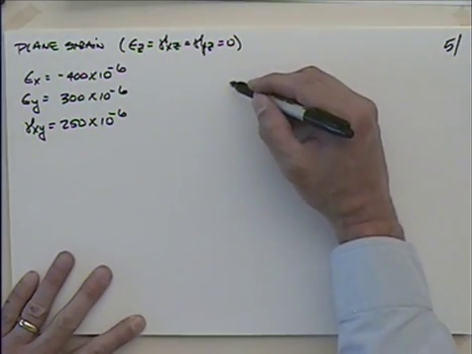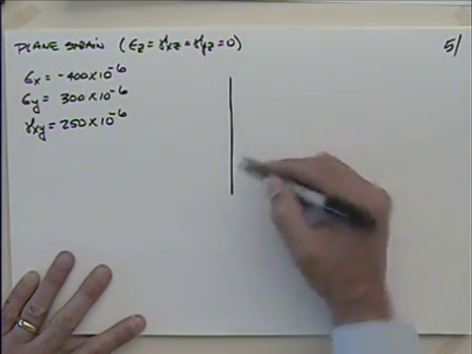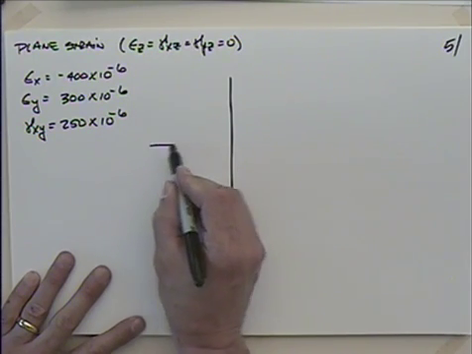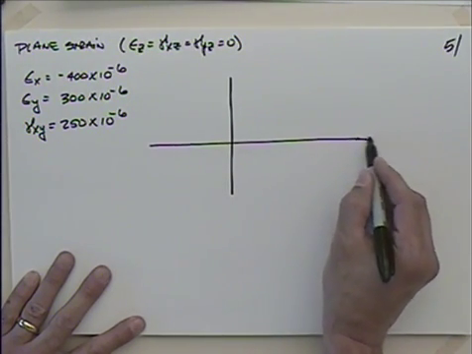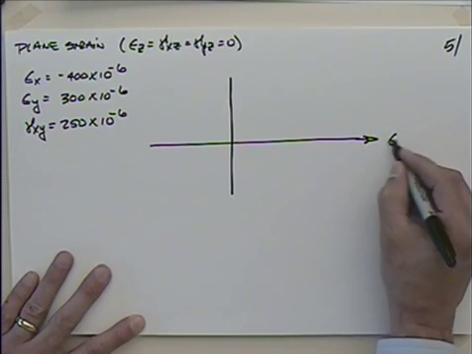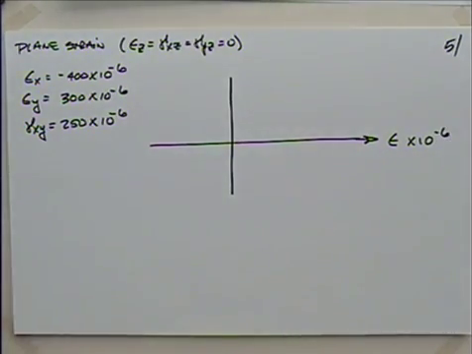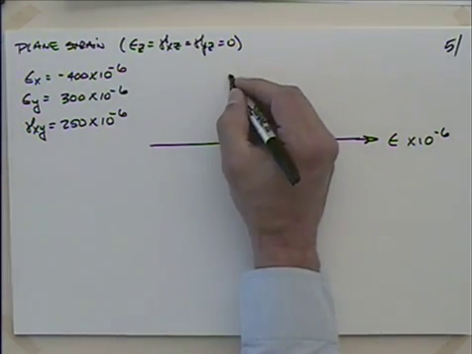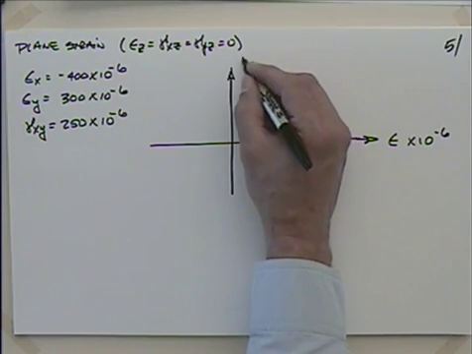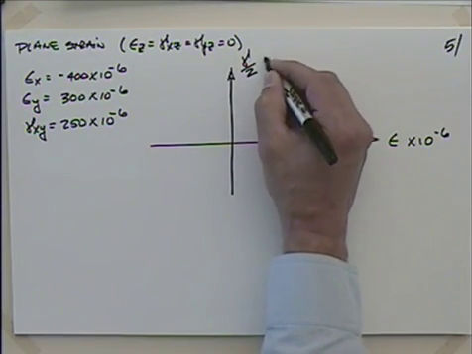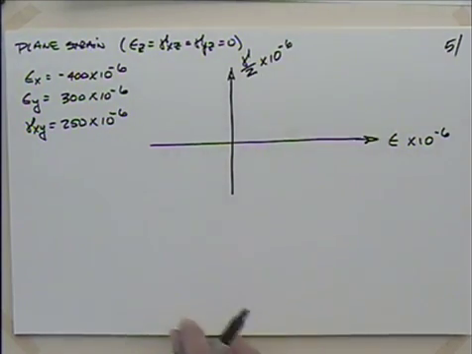In drawing Mohr's circle, start with my coordinates like this. We'll say that we have epsilon times 10 to the minus 6, so we don't have all those floating around. And then this one is gamma over 2, also times 10 to the minus 6, so we can work with whole numbers.